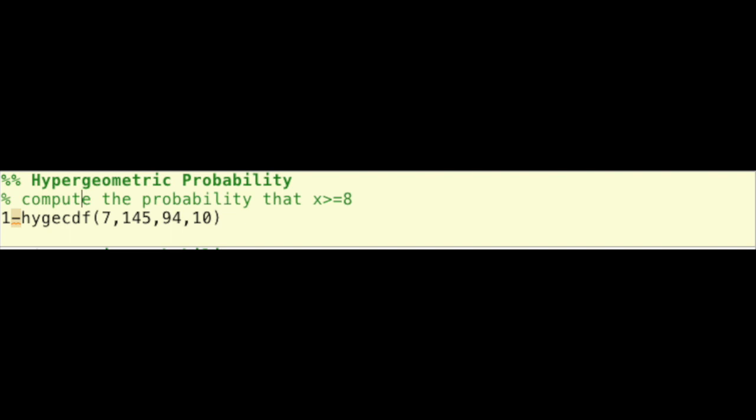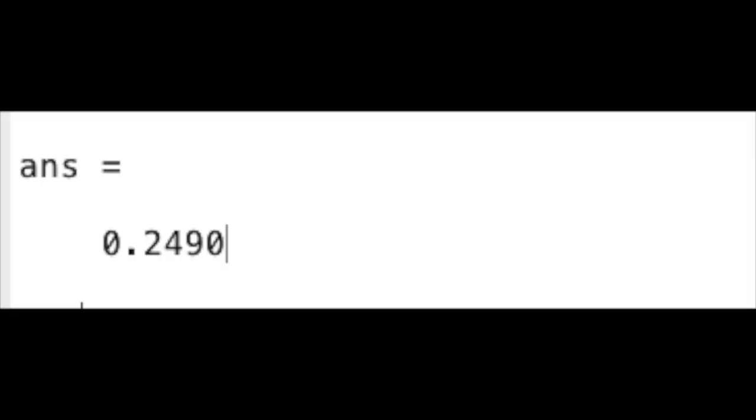And so we use the hypergeometric CDF to compute the probability of obtaining 7 or fewer, and then compute the complement of that probability by subtracting that result from 1. When we run this code, Matlab returns an output that tells us that the probability of obtaining 8 or more preferred outcomes in our sample is just under 25%.